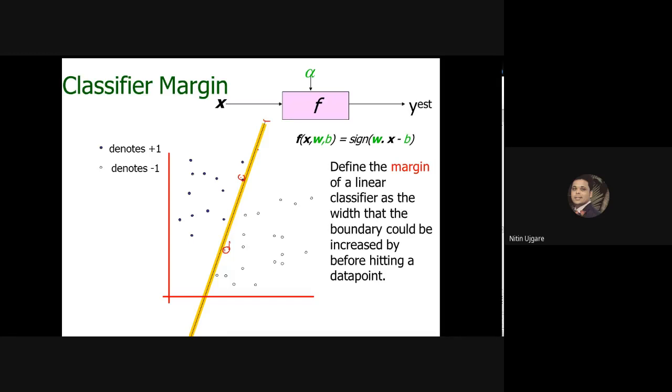If any small noise or error is induced on this negative class, that will push this point to the other side of the classifier. It may be classified as a positive point, whereas any small noise or error induced in this positive class may misclassify this point into the negative class.